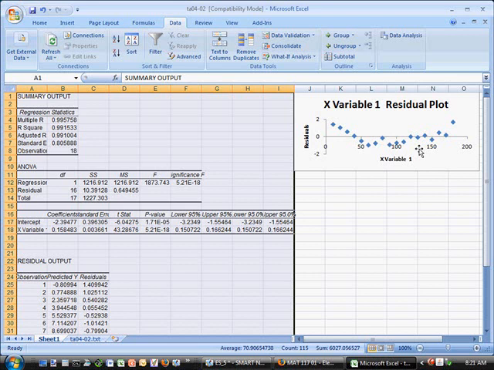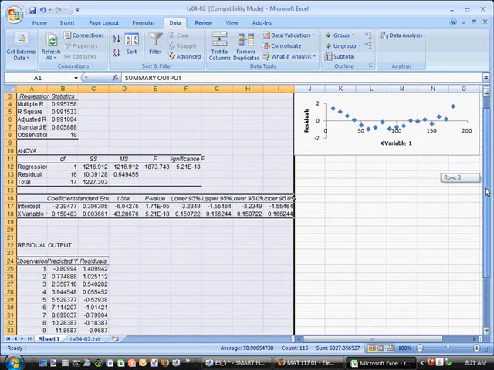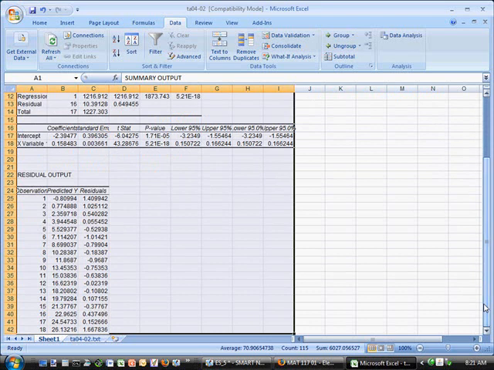There they are. The first point was a positive 1.4. Then a positive 1.02, etc. You notice some negatives showing up. Let me scroll down so you can see them all. It takes all the points and shows you the residuals.